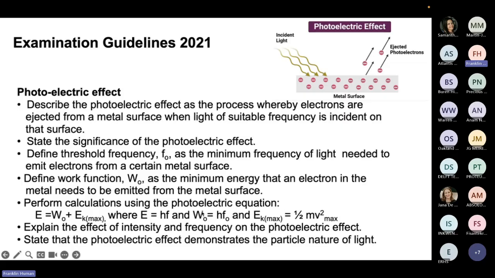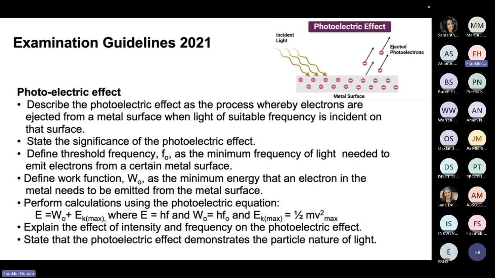This is your equation for work function, which is Planck's constant multiplied by threshold frequency, and this is your equation for the energy of a photon. Remember, the energy of a photon is equal to Planck's constant multiplied by the frequency of that light.